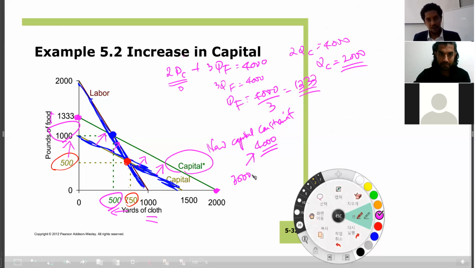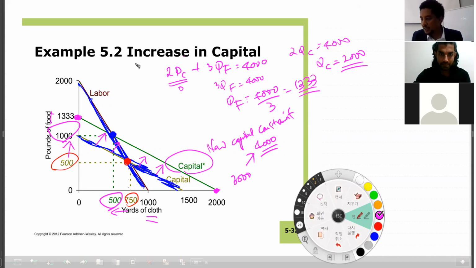So from this we can compute how much we can increase our production of clothes and food if we increase capital. I will give you a hint. For example, in your question, I will ask you not about capital, but if we increase labor from 2,000 to 5,000, what will happen to the new quantity of food and quantity of clothes?